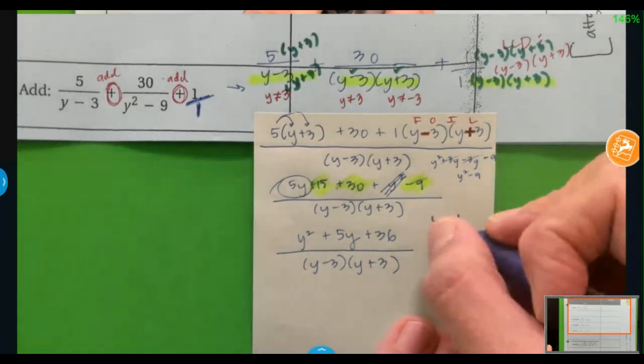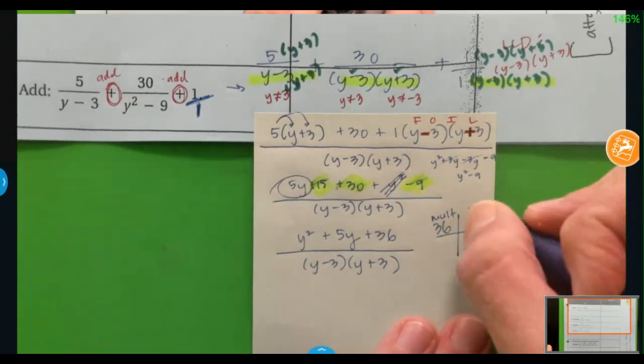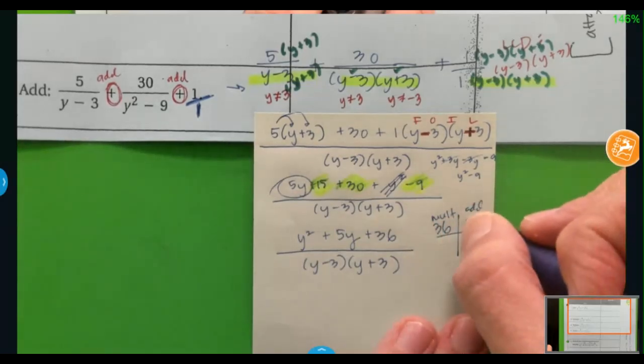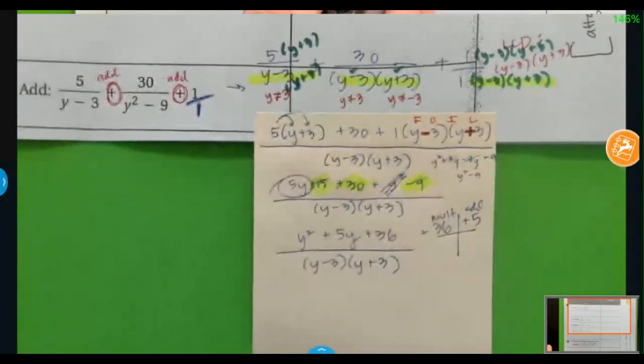We would need numbers that multiply together to give us a positive 36 and add together to give us a positive 5. What's really tempting?